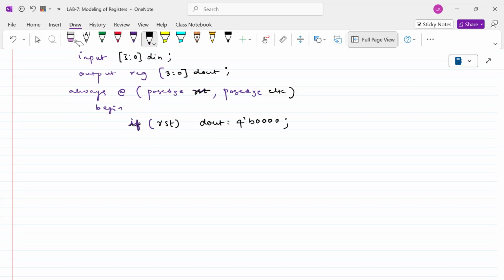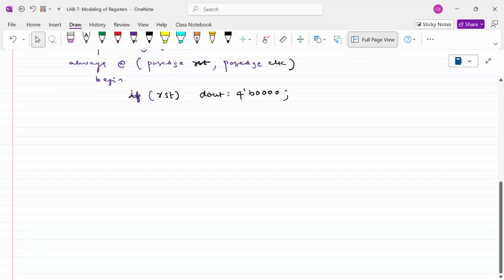Okay, all 4 bits are 0. Else, DOut is equal to DIN. Okay. As simple as that.